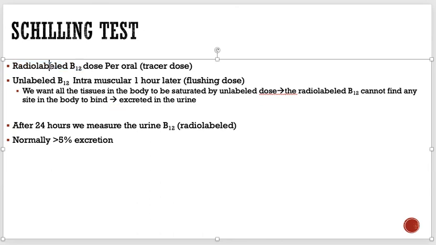No. Can it appear in the urine? No. So when the intrinsic factor is there and the function is intact, it can be absorbed, and it cannot find anywhere in the body to bind, because we saturated by giving unlabeled B12, so it will be excreted in the urine, which means the cause is not intrinsic factor deficiency or malabsorption.